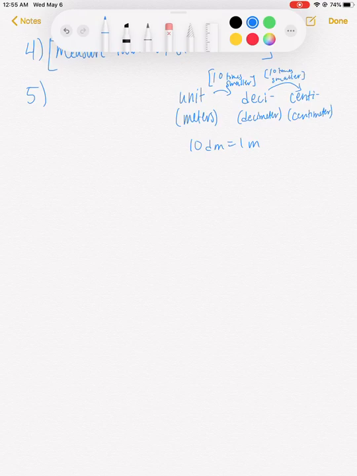And there's 10 of those in 1 decimeter. Okay, and then if we go 10 times smaller than that, we get the millimeter. So there's 10 millimeters equals 1 centimeter.